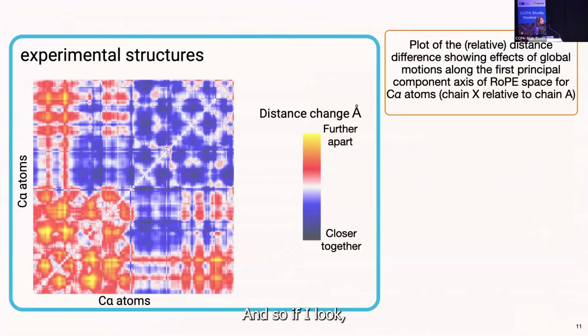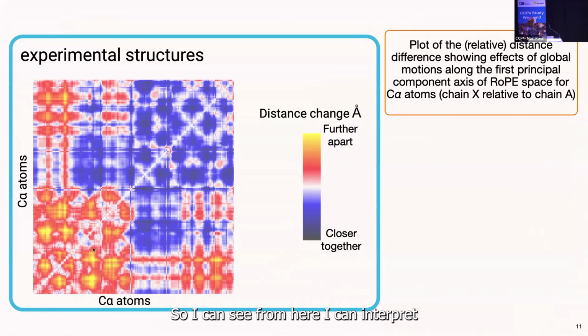If I calculate this plot, which can be seen as a map of the relative distance between each CA atom in the chain, it looks something like that. The more reddish to yellowish the regions are, the farther apart the atoms go, and the more bluish to dark blue, the closer they get.